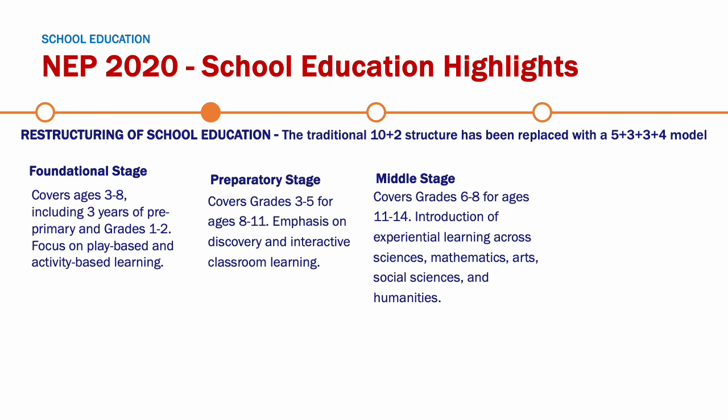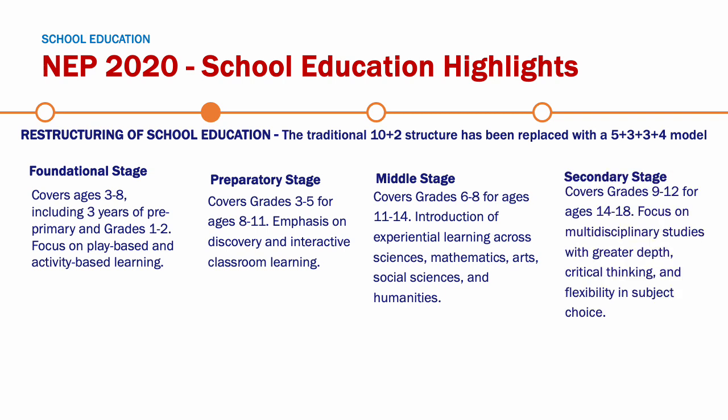The introduction of experiential learning across sciences, mathematics, arts and social sciences, as well as humanities. In the last stage, which is the secondary stage, which covers 9 to 12 and is for ages 14 to 18, the focus is on multidisciplinary studies with greater depth, critical thinking and flexibility in subject choices.